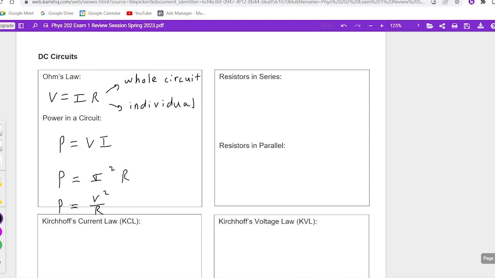Okay, now resistors in series and resistors in parallel. I'm not even going to draw the picture because it looks exactly the same as it does for capacitors. But R total in series, this is the one we like now. Notice it's the opposite as capacitors with the series and the parallel stuff.